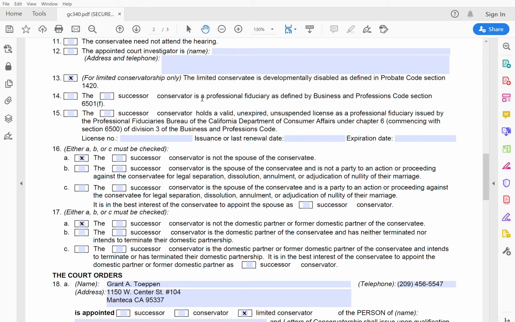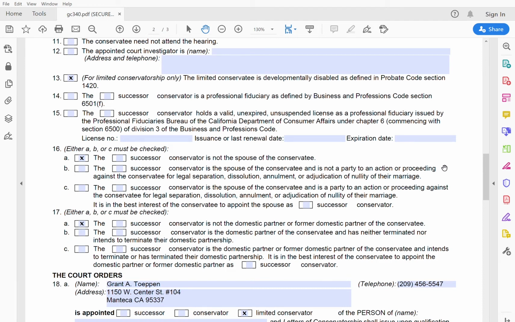If the conservator is a professional fiduciary, I would check this. If the conservator holds a valid, unexpired, unsuspended license as a professional fiduciary, I would check this. For 16, either A, B, or C must be checked. Either I am not the spouse of the conservatee, or I am the spouse of the conservatee and I'm not a party to an action or proceeding against the conservatee for legal separation, dissolution, annulment, or adjudication of nullity of their marriage.